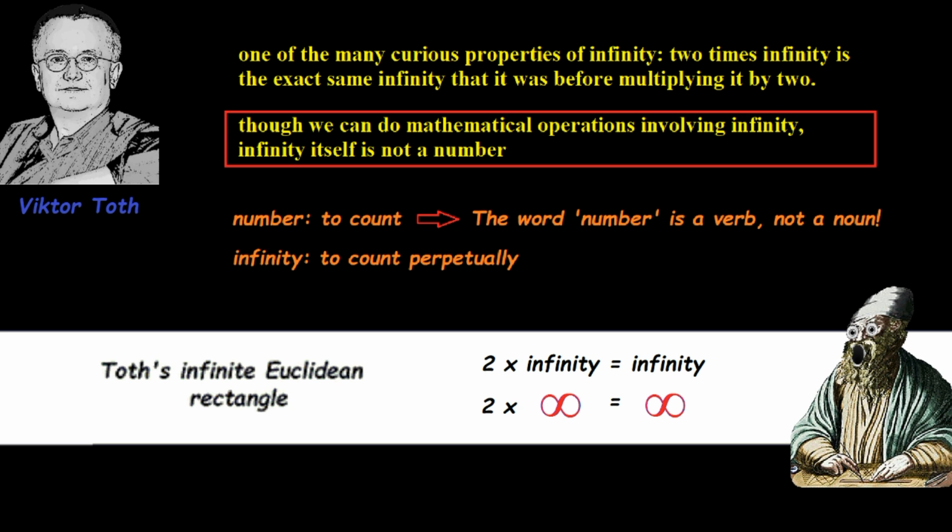I mean, if infinity is a thing like an apple or a stick or whatever, you can say, okay, 2 times sticks, I get 2 sticks. 3 times apples, I get 3 apples. But 3 times infinity, if it's an object, you would have 3 infinities. But infinity is not an object. You can't use the word infinity like that. So what is infinity? Well, again, it means to count perpetually, and it makes no sense to say that you're going to multiply 2 times counting perpetually.